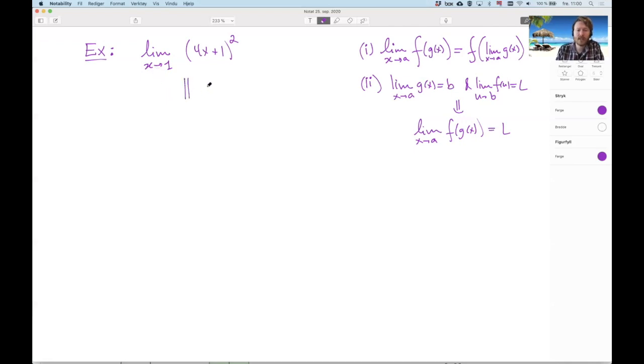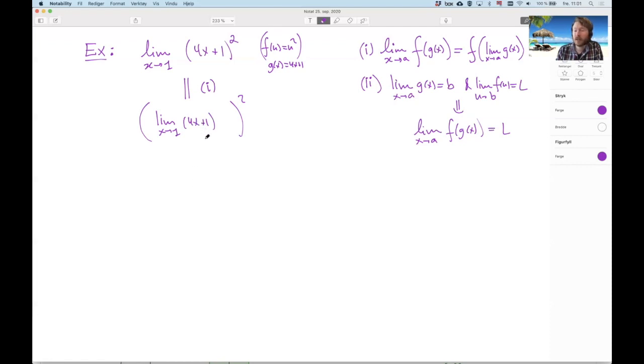Here, I would say that 1 is the more convenient, because now we know that the outer function here is f of u being u squared. So you can say this is the outer guy, and the inner guy here is 4x plus 1. So here, if we use this rule, this will look just like this, 4x plus 1.